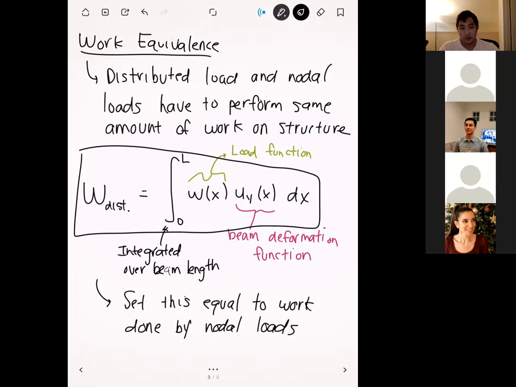On the next page, I'll write out the equation for how we actually compute this work by the nodal loads. All right. Any questions on any of this?